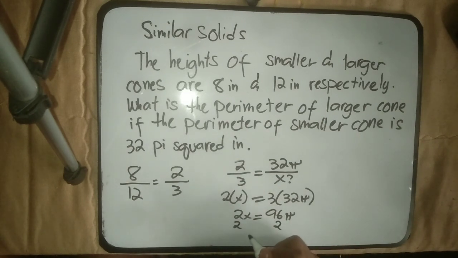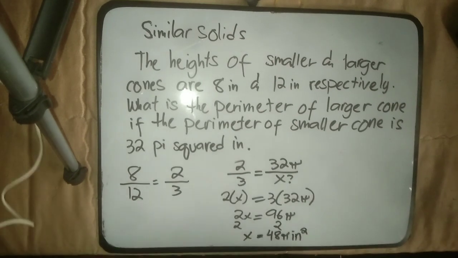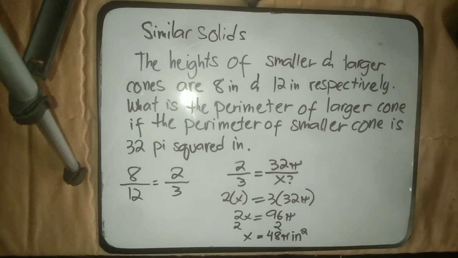So we can now have x is equal to 48 pi inches squared. So that is how you find the missing perimeter or the missing height of two similar solids.